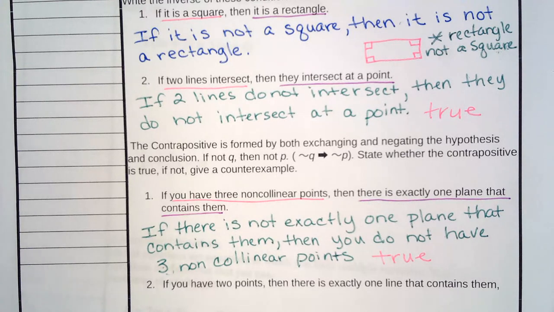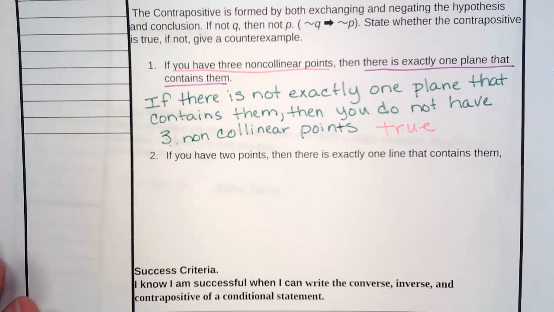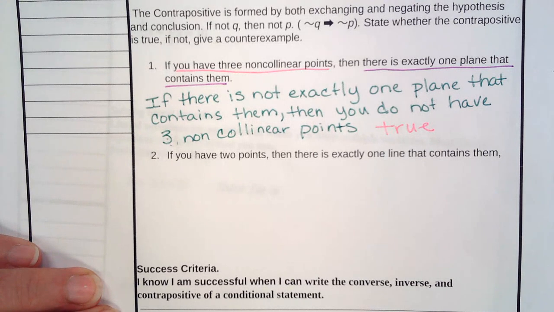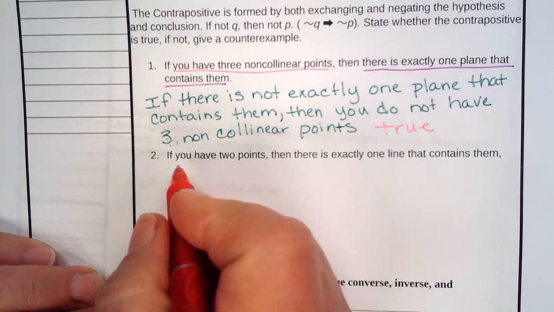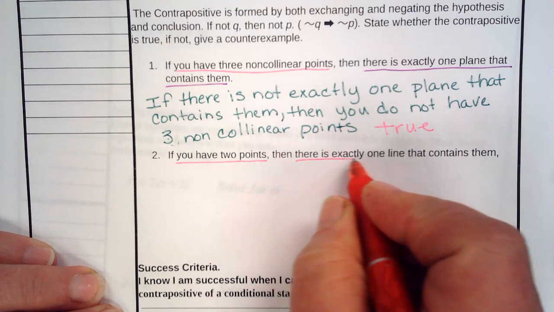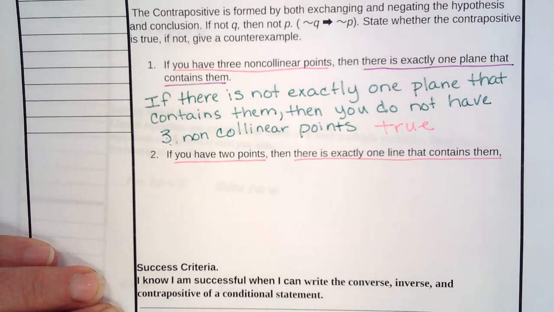Okay, last one. Pause the video. Underline the hypothesis and conclusion at least, because I know you can do that. Try to rewrite it. Hypothesis, if you have 2 points, conclusion, there's exactly one line that contains them. Negate it, change it around.